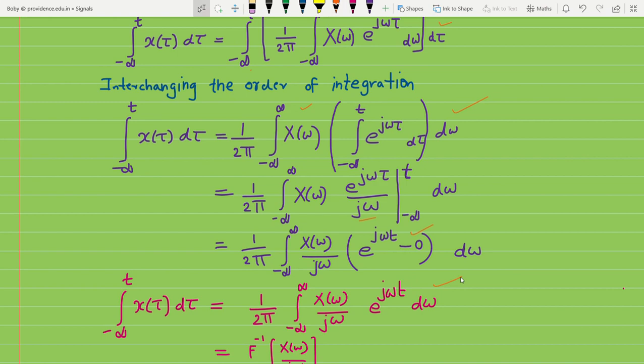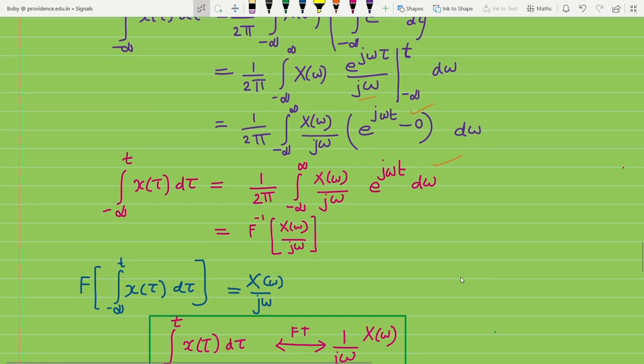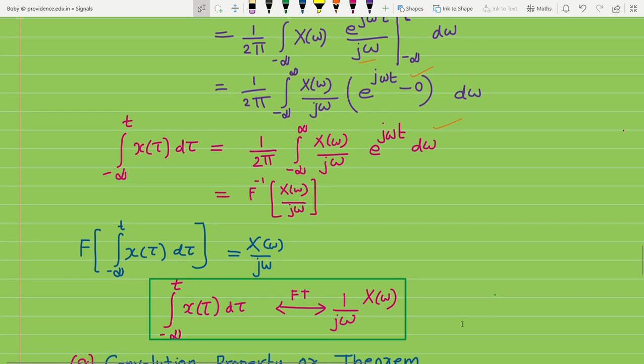If you look at the right hand side, this is nothing but the inverse Fourier transform of X of omega by j omega. As per the definition of the inverse Fourier transform, 1 by 2 pi integral X of omega by j omega e raised to j omega t d omega is the inverse Fourier transform of X of omega by j omega.